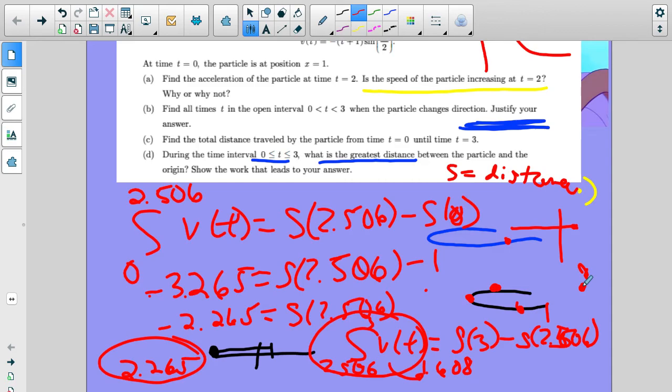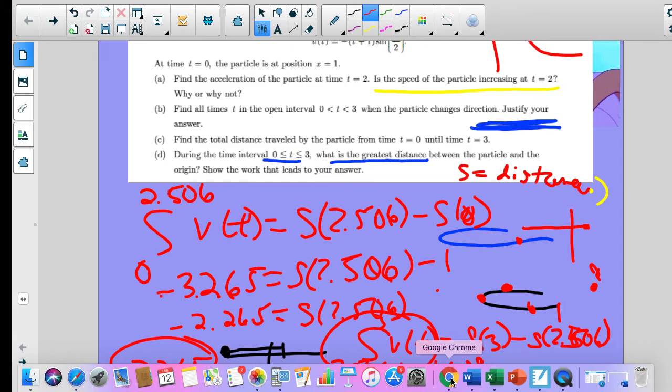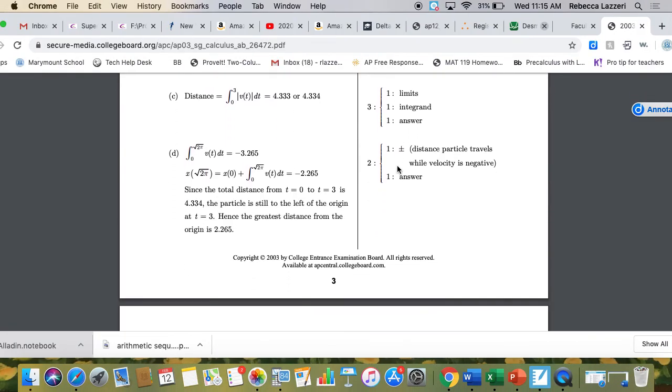All right, let me show you what they did. It's very similar. And this is really cool what they did. They integrated it and got negative 2.265 for s of 2.506. And they said, wait, but we already know the total distance traveled is 4.333.